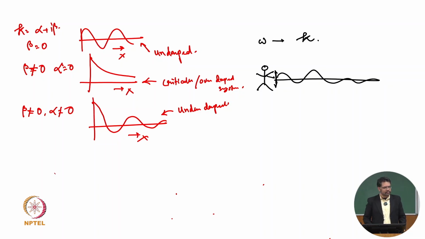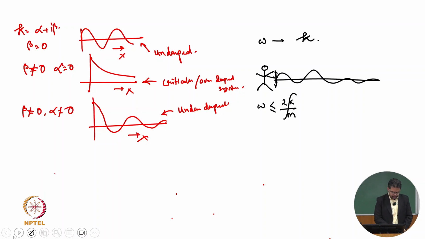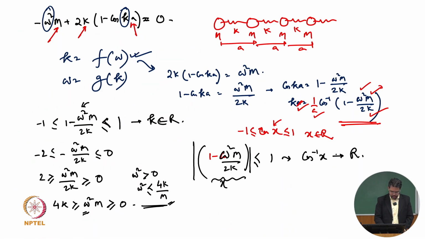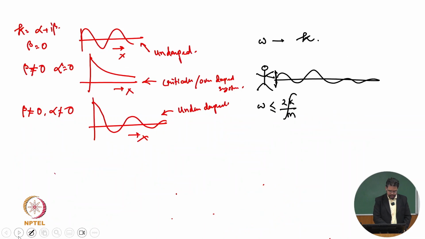Now, we saw in the last case that once omega is less than or equal to 2 times root of k by m, the wave will propagate.